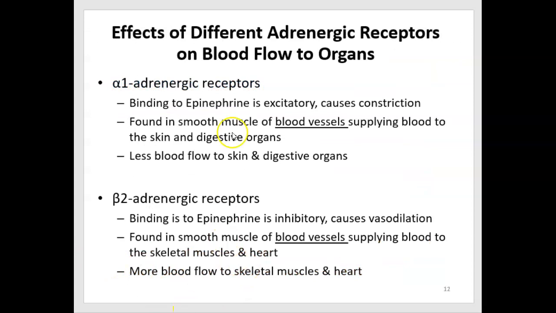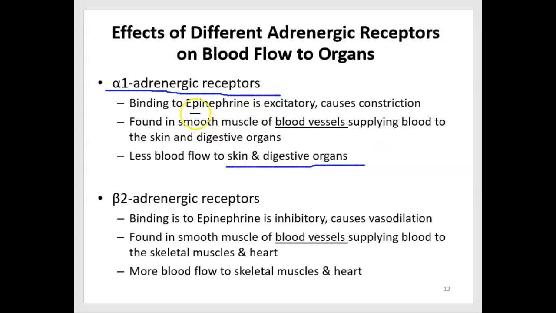So let's look at the circulatory system, in particular blood vessels, and how the sympathetic nervous system can cause vasoconstriction in some blood vessels, but vasodilation in other vessels. Because that's the big thing that the sympathetic nervous system can do for us: it can divert blood away from the digestive tract to our skeletal muscles and our heart. In skin and digestive organs, there are alpha-1 adrenergic receptors.